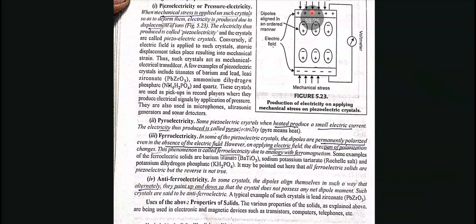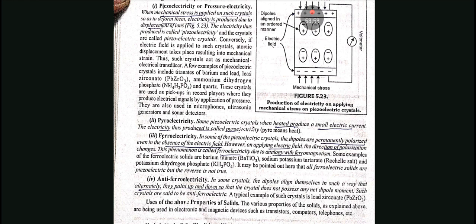When mechanical stress is applied to such crystals so as to deform them, electricity is produced due to displacement of ions. This electricity is called piezoelectricity, and the crystal is called a piezoelectric crystal. Conversely, if an electric field is applied to such a crystal, atomic displacement takes place, resulting in mechanical strain. Thus, such crystals act as mechanical-electrical transducers. Examples of piezoelectric crystals are barium titanate, lead zirconate PbZrO3, ammonium dihydrogen phosphate NH4H2PO4, and quartz.